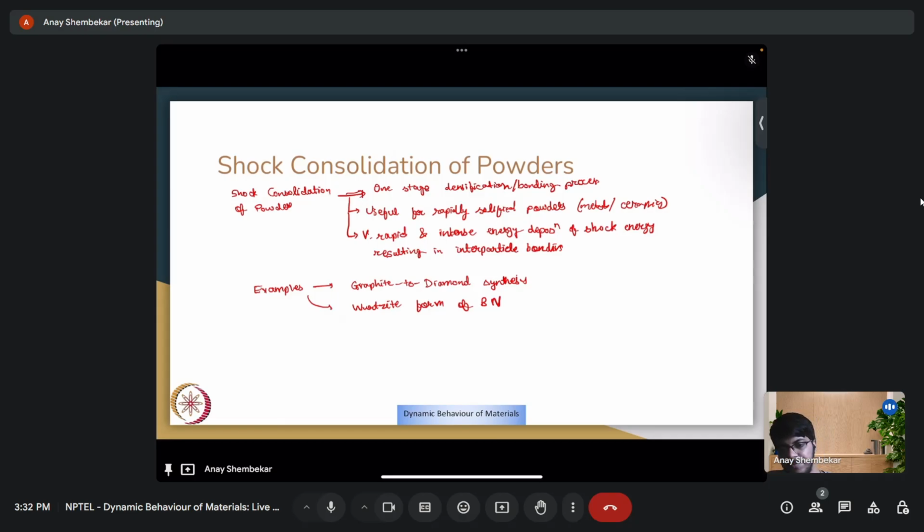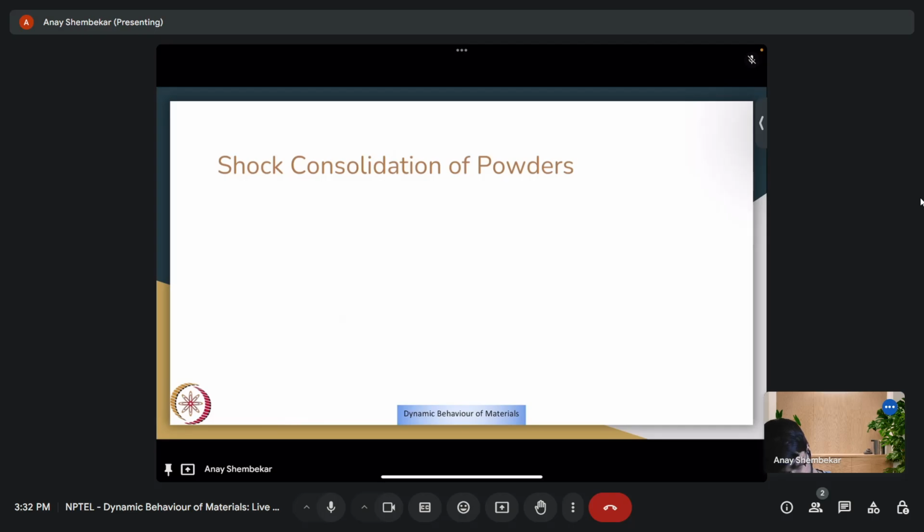So the mechanism for consolidation in metals looks as follows.